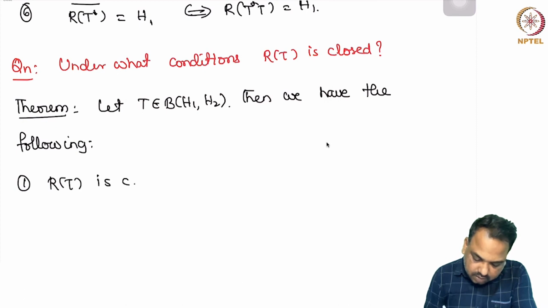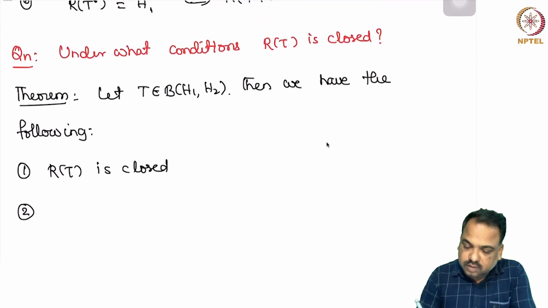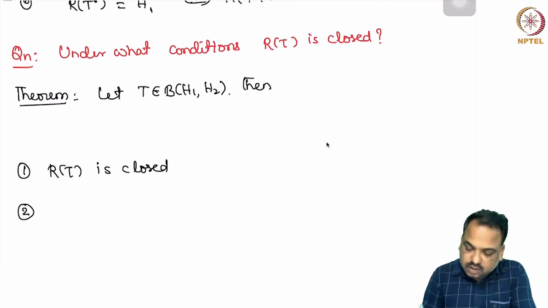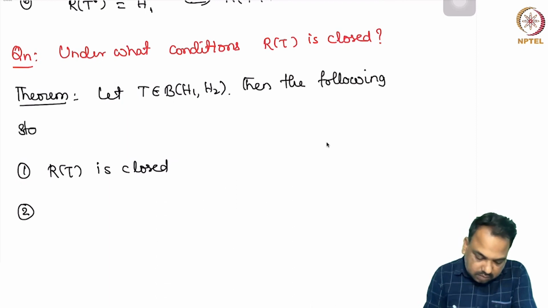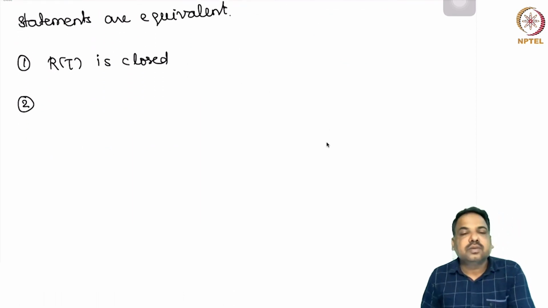Range of T is closed if and only if, so we can say that the following statements are equivalent. The first one is range of T is closed.